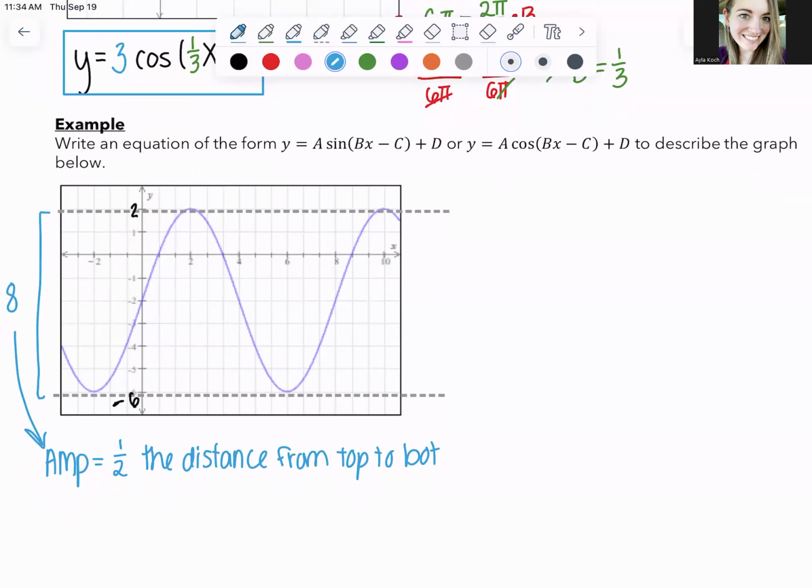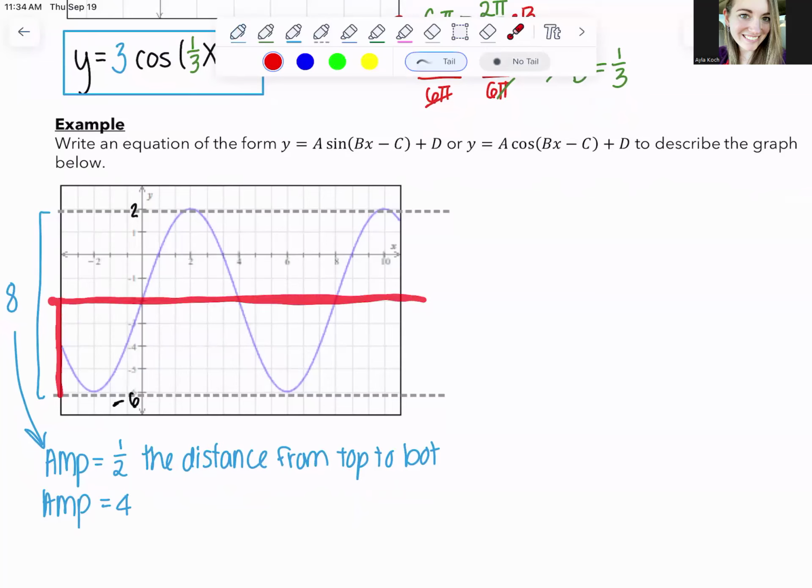Thusly, amplitude is equal to 4. So if I go 4 units up, 1, 2, 3, 4, maybe I'll do that with a laser pointer. Get 1, 2, 3, 4 units up right here. This one should be my midline, right at -2.